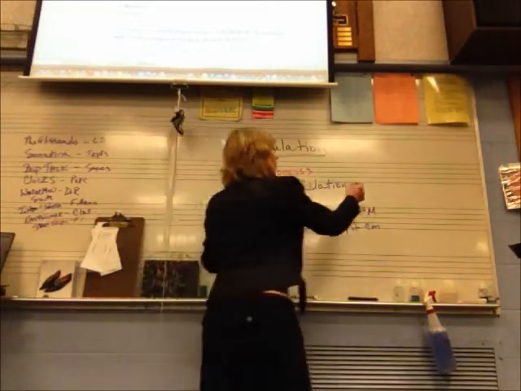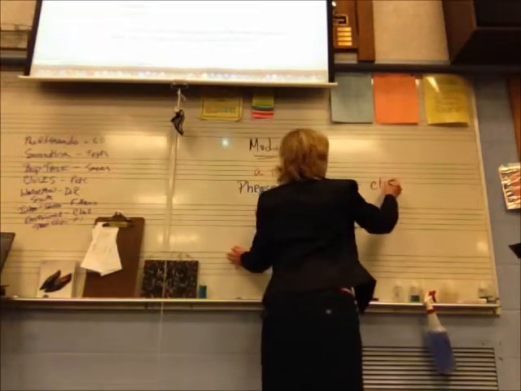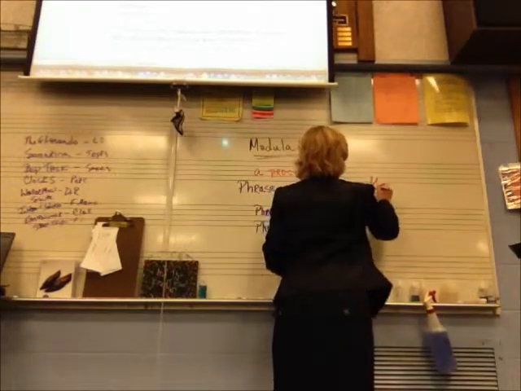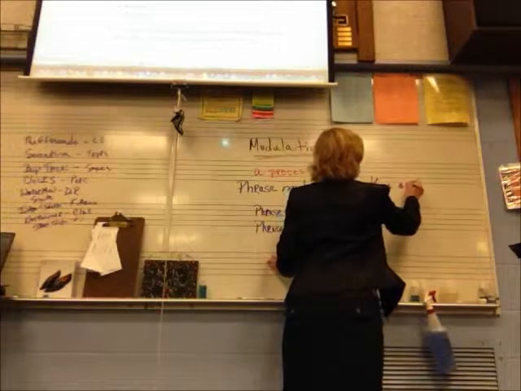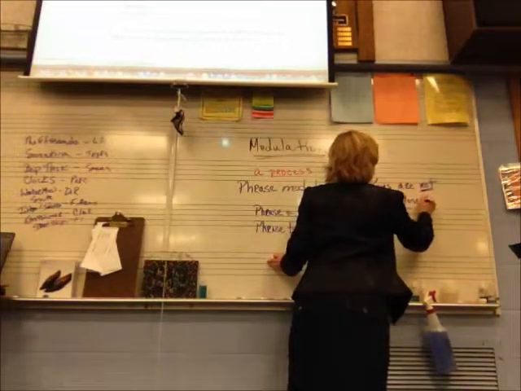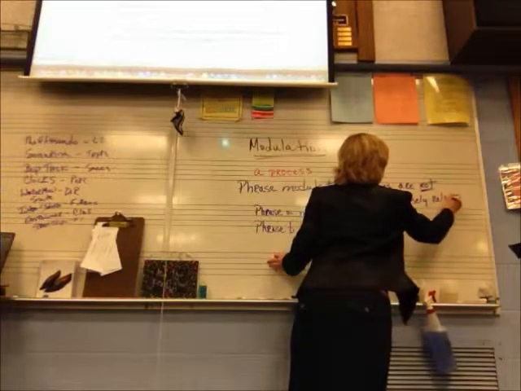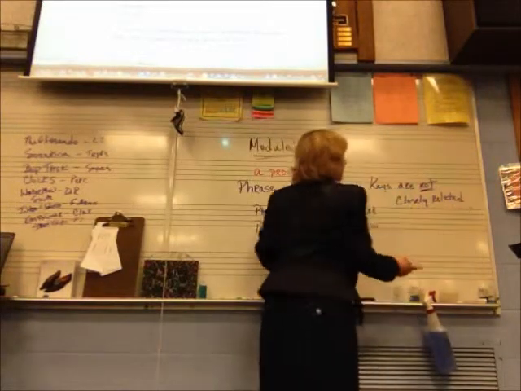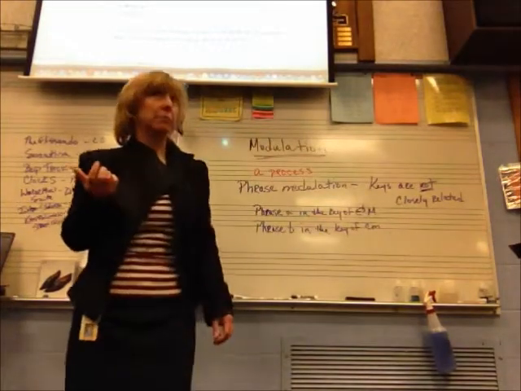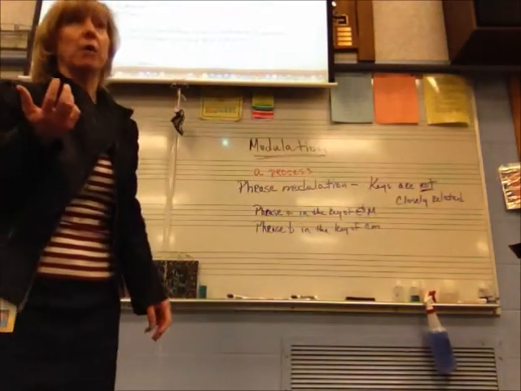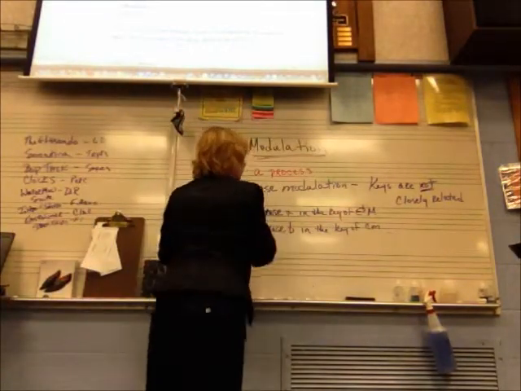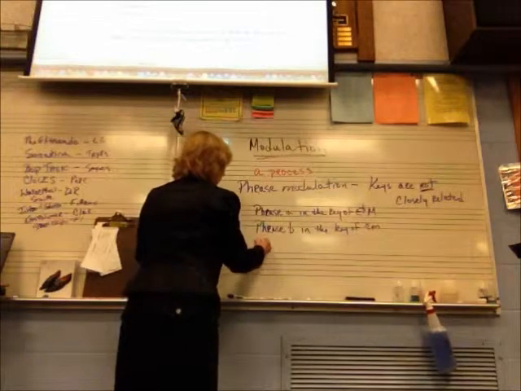Phrase modulations are usually used with keys that are not closely related. You just start your new section in a new key, and it can be any key that you want. However, usually when you do a phrase modulation, you have a key signature change.